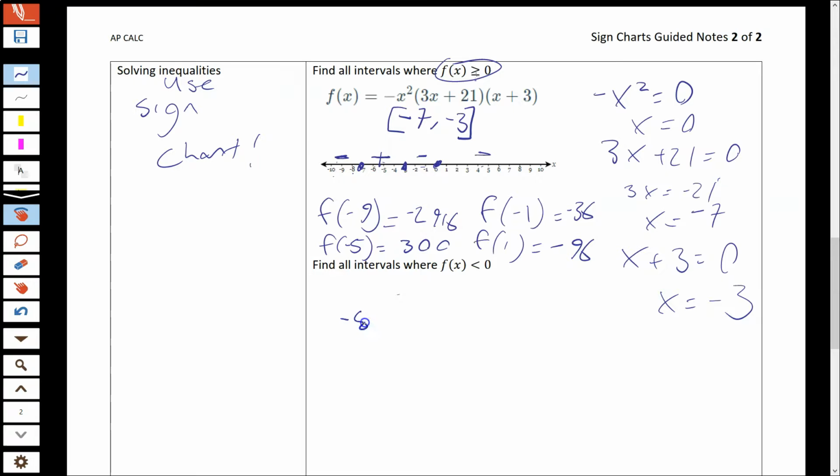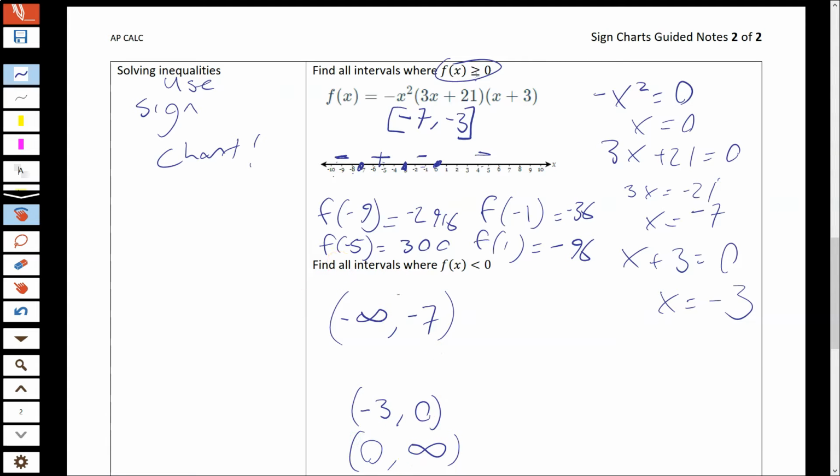So that would be from negative infinity to negative 7, and here we have strictly less than, so I'll use parentheses. Not my positive interval. And then from negative 3 to 0, and then from 0 to infinity.